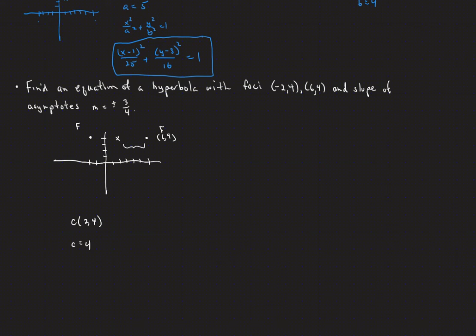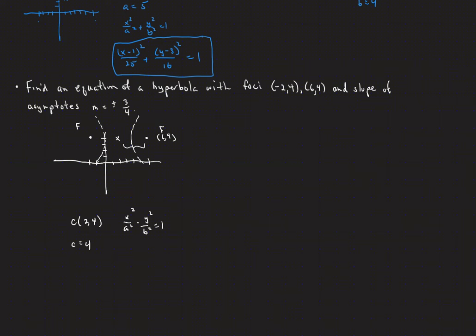And let's see, what else do we know? We know that the foci lie on the major or transverse axis, so it's going to have to be a hyperbola that opens right and left. And so that means it's going to be an x squared over a squared minus y squared over b squared hyperbola.